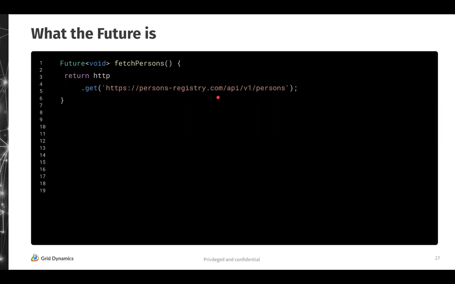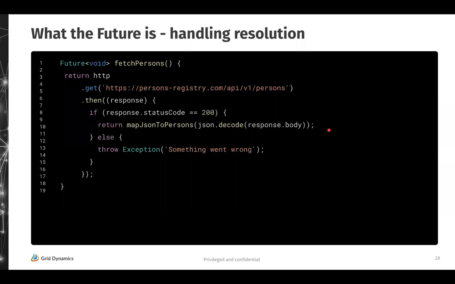And this is the thing. Basically, result of this request is representable by future. And most of the time, we care not about the procedure itself, but about some potential result of this procedure. So we, as a developer, want to handle success of this request, for instance, just in order to do something with our persons later.